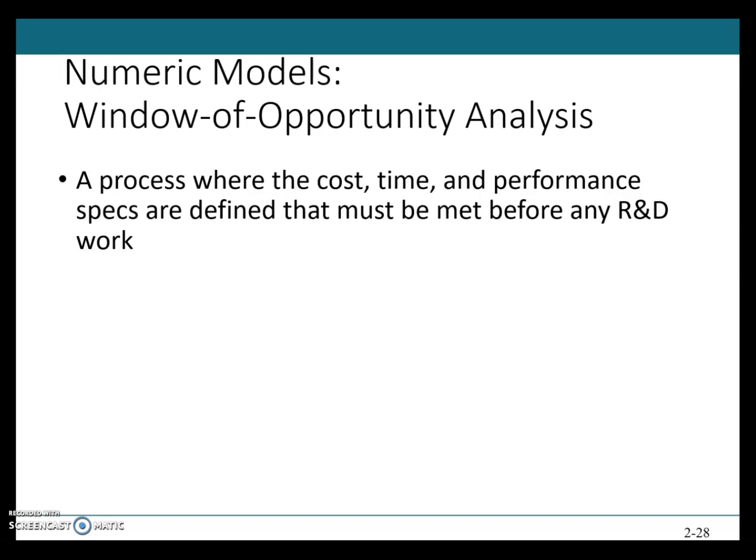Baseline data on the current process are collected, for example, its size, its cycle time, its cost, and the effect of the innovation is estimated relative to, usually, some fraction or multiple of the baseline system. So having thus estimated the economic impact of the innovation, the decision of whether or not to undertake the development project is much simpler. So that was the window of opportunity analysis.